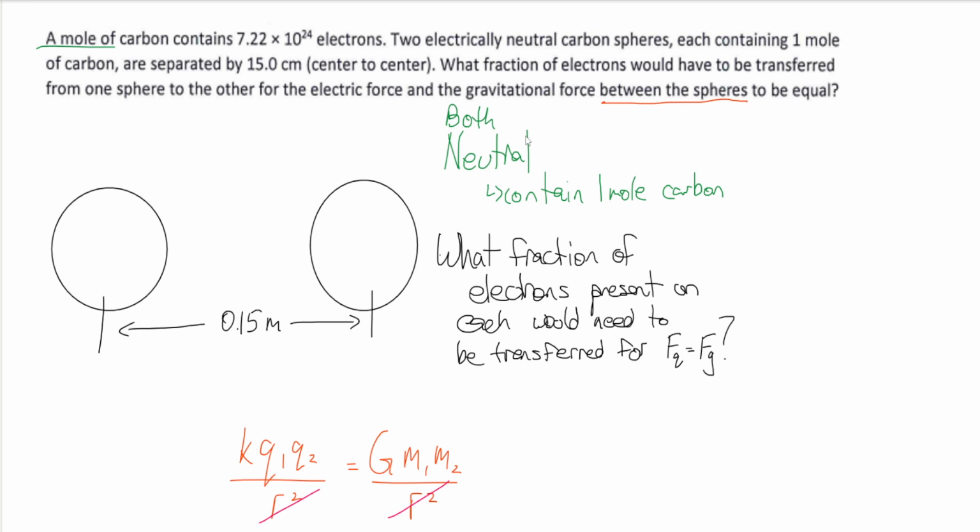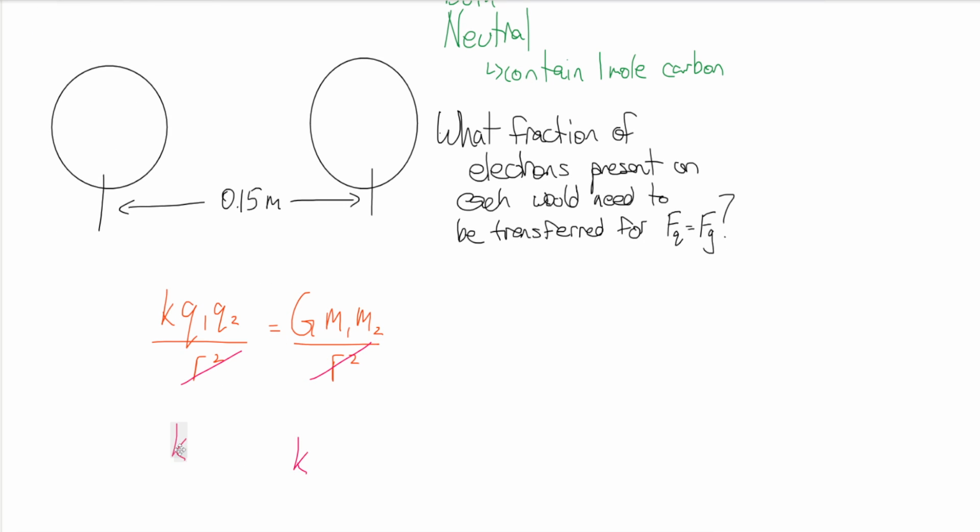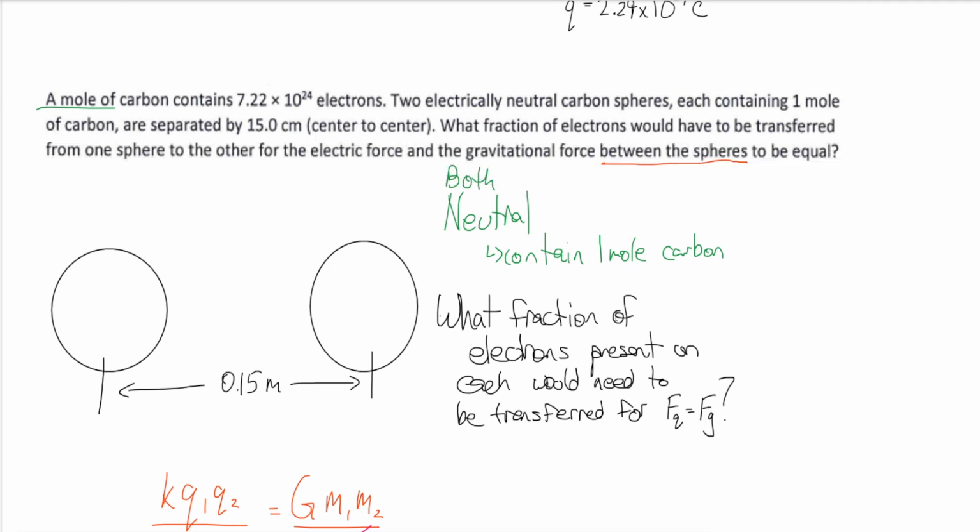Yeah, spheres are identical. Good. So we can sort of say K Q squared equals G M squared. Okay, do we know the mass?